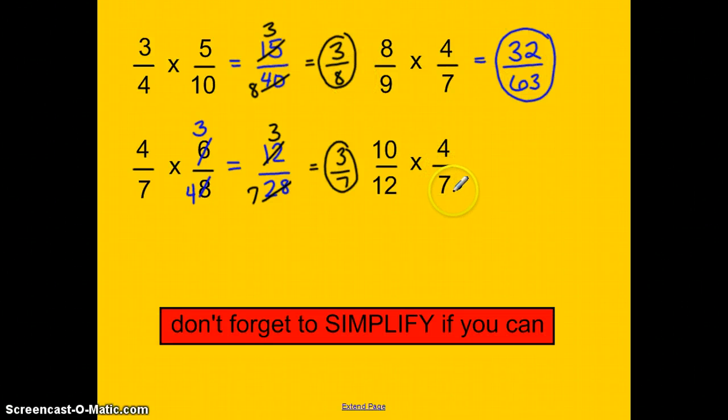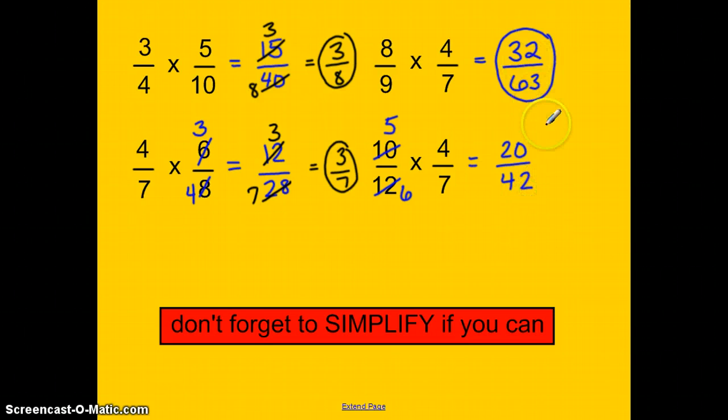We'll do the same thing in our last one. 10/12 can be simplified to 5/6 because 2 goes into 10 5 times, and 2 goes into 12 6 times. 4/7 cannot be simplified. So we have 5 times 4 is 20. 6 times 7 is 42.